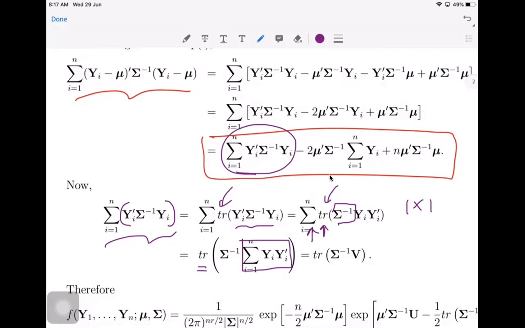So that notation wise, this is simplified as the trace of sigma inverse v, because our v is the summation of yi yi prime. So this term here will become the trace of sigma inverse v. Okay, can you still hear me? Am I still clear? Yes, ma'am.